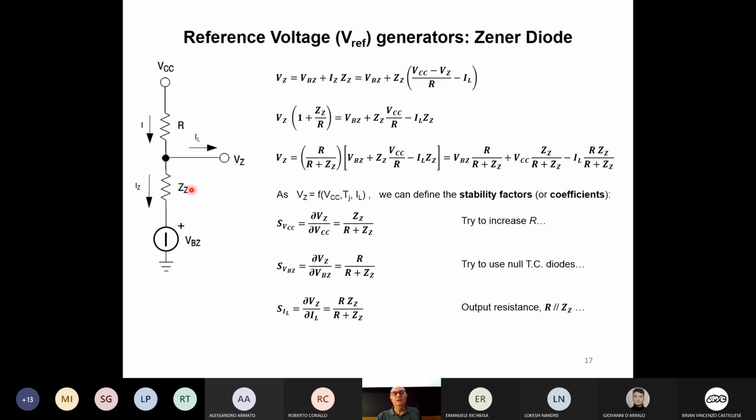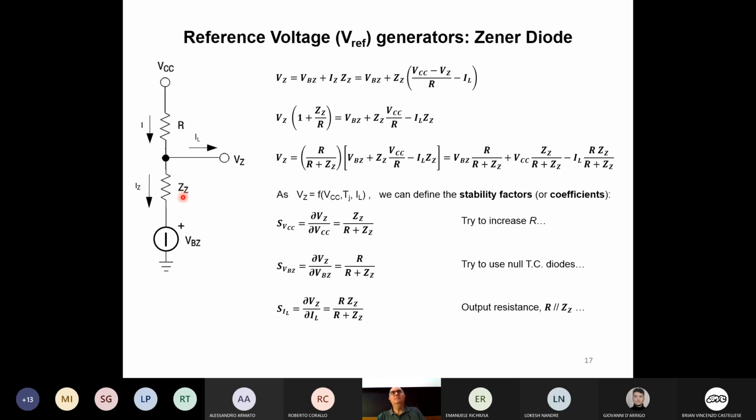We increase the R. If R becomes very high and we have the parallel of two resistances, basically what we see is the second resistance. So this sensitivity factor will be basically Zz.